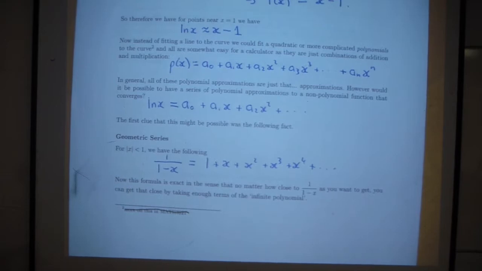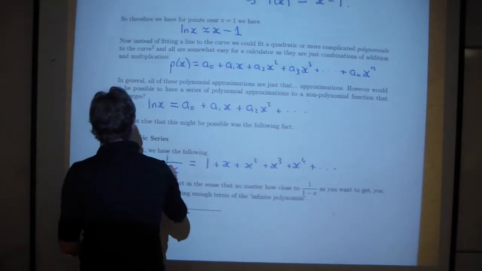You can bend your mind a little bit trying to understand this, but basically the way it works is the thing on the left is a number. Say x is equal to, for argument's sake, a half. You put in x equal to a half on the left, you get 1 over 1 minus a half, that's 1 over a half, that's equal to 2.